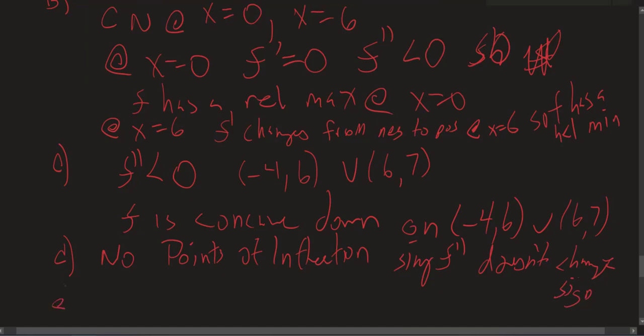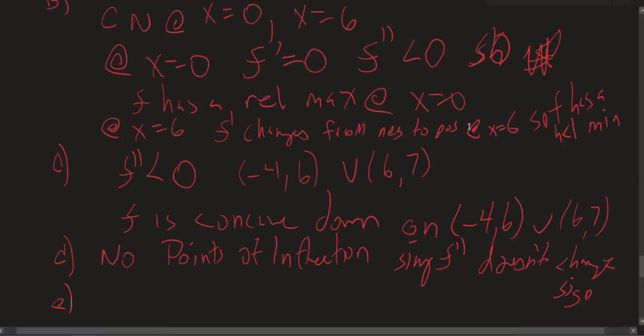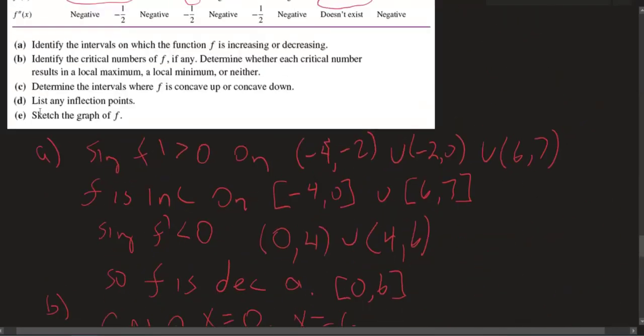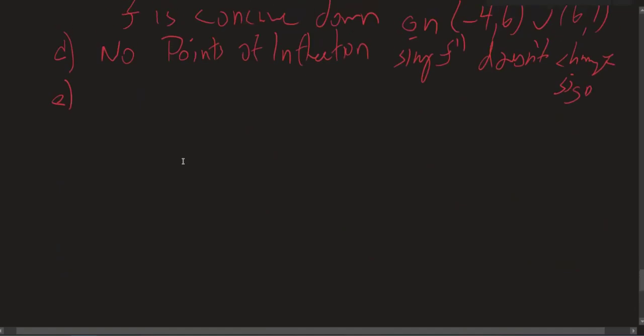And then E, we want to use the results to graph the function. So we want to sketch the graph of the function. We know that the interval that the function exists on goes from -4 out to 7.